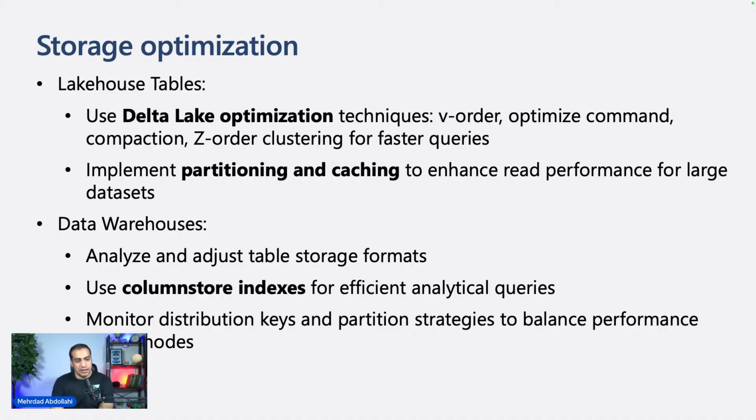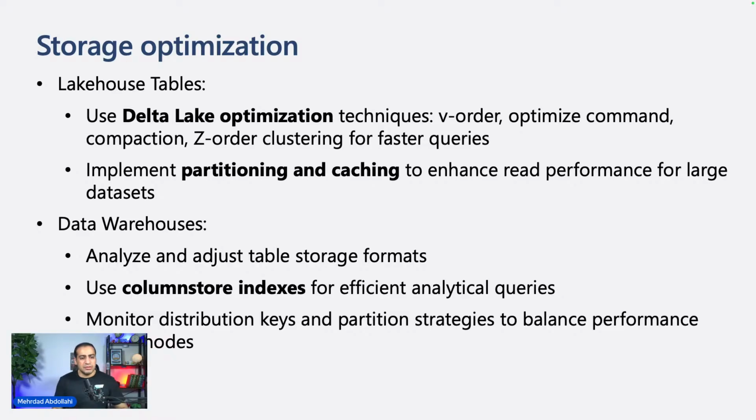In the data warehouse, you can analyze and adjust the table storage format, the data types, and the list of fields. Bring to your data warehouse only what you need, and always avoid having unnecessary fields.